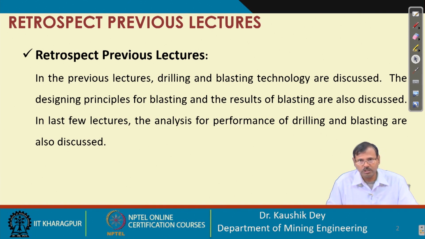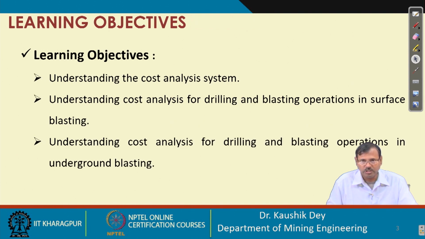In the tutorials we have seen the performance of different machines and of blasting operations. In the last couple of lectures we are discussing the cost analysis system, how the different cost heads are calculated for drilling and blasting operations.